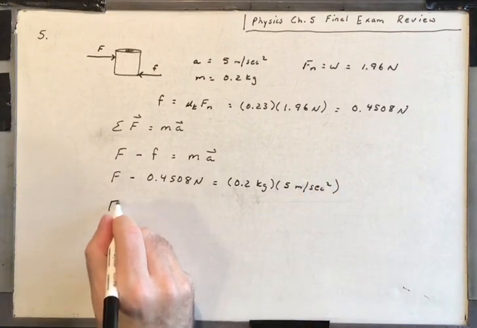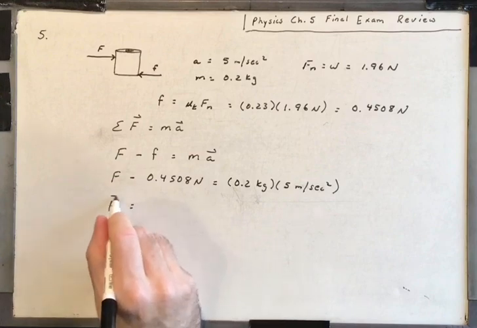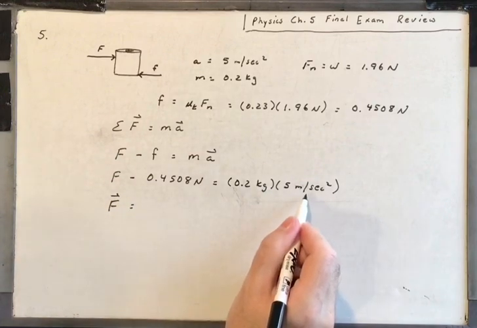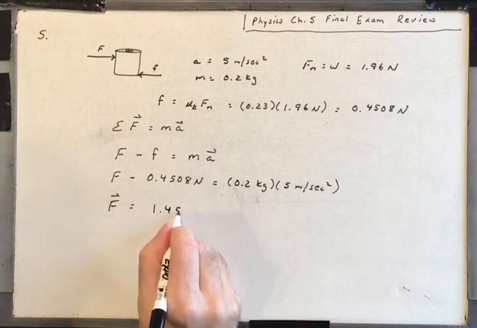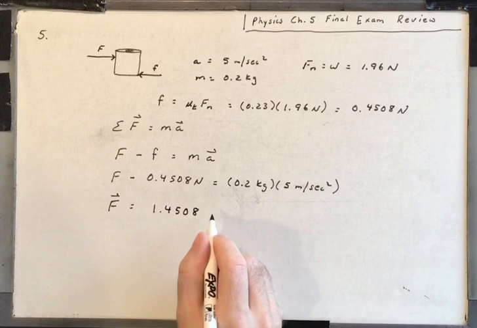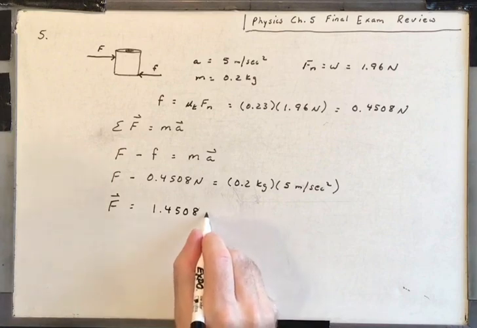All right, so solving for F, this is 0.2 times 5 would be 1, plus 0.4508, so it's 1.4508 newtons.